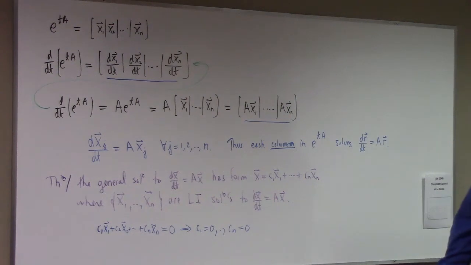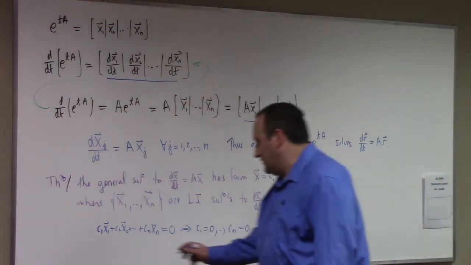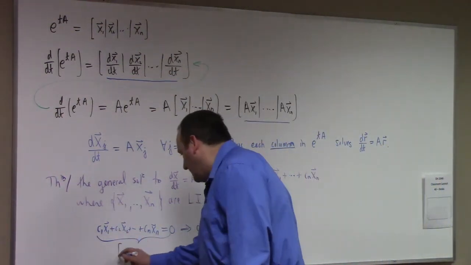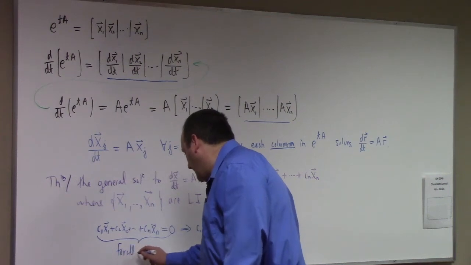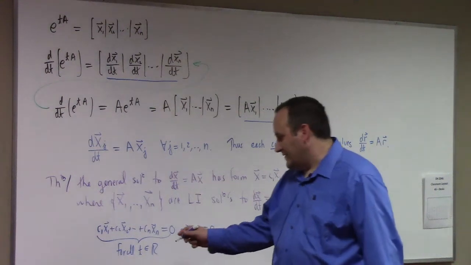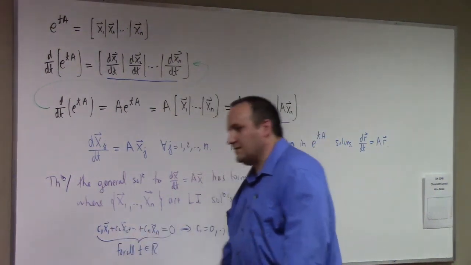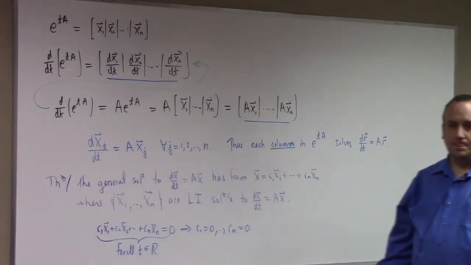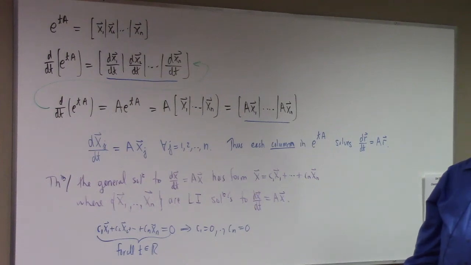But you've got to recognize something here. This is not just a linear combination of static column vectors. This is a linear combination of vectors of functions, so this is actually a function equation. This is understood to be for all t in the reals. We could write x1(t), x2(t), and so on. So what does that mean?